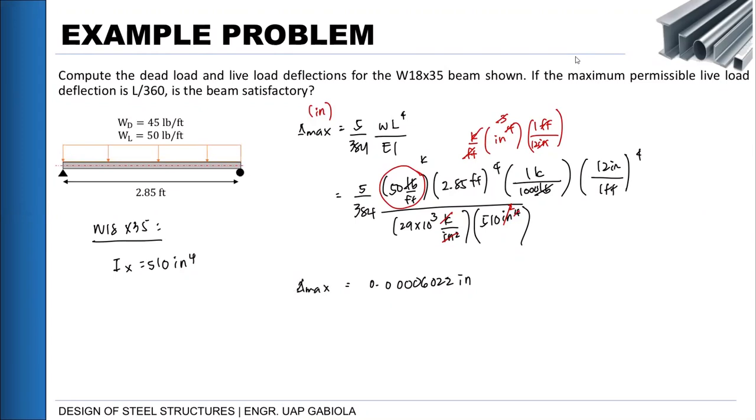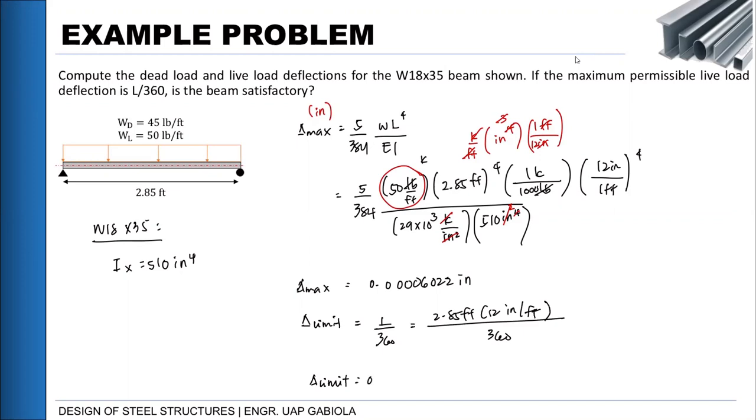So next is yung L over 360 limit. So that is L over 360. So that is 2.85 feet times 12 para maging inches, inch per foot all over 360. So yung limit is equals to 2.85 times 12 over 360.